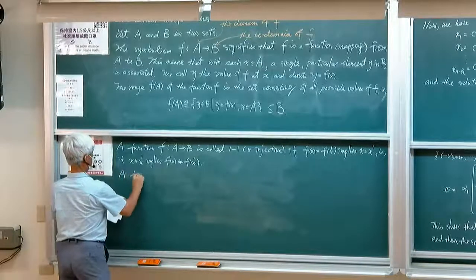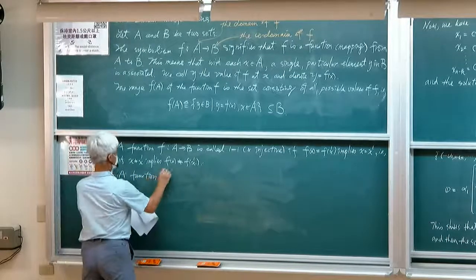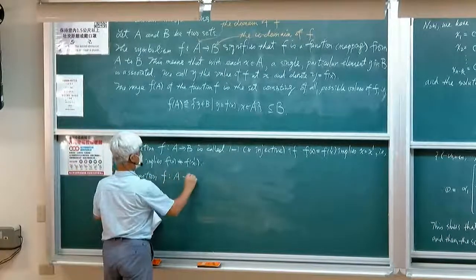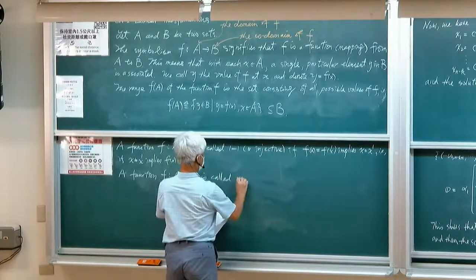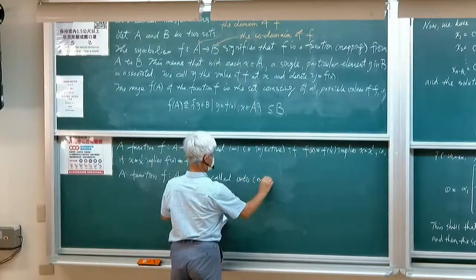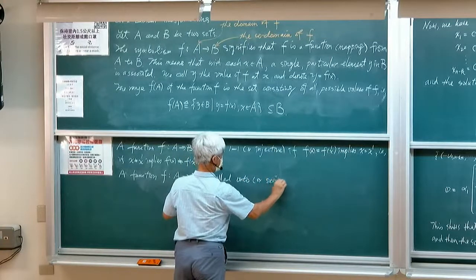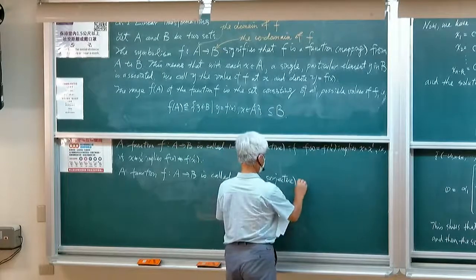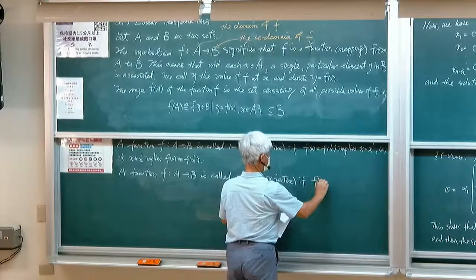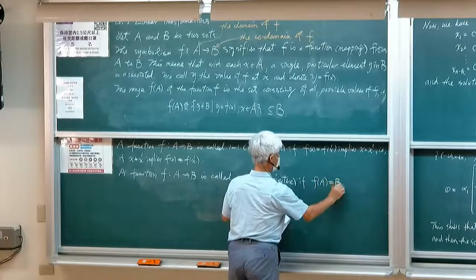A function is called onto or surjective if the range f of A is equal to the codomain.